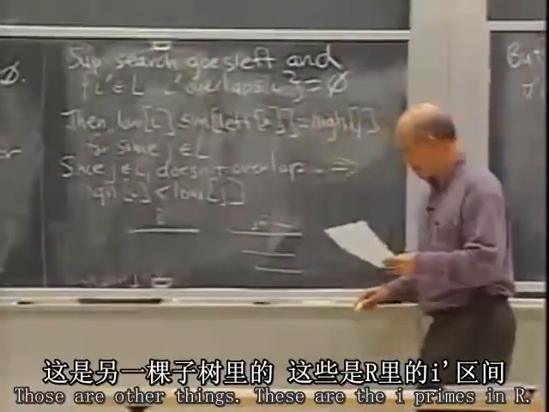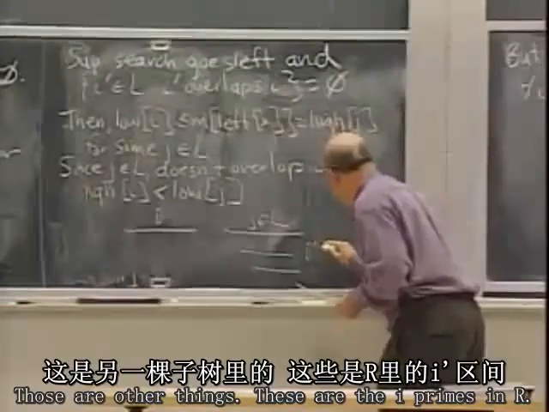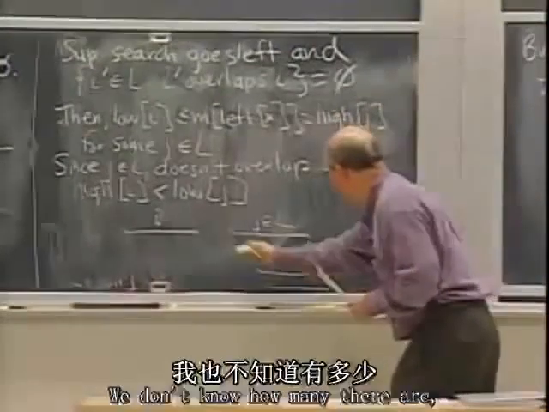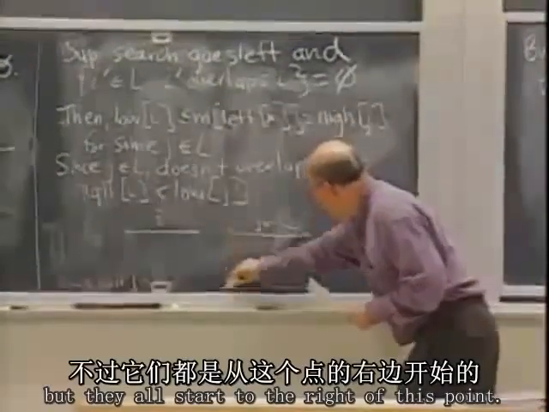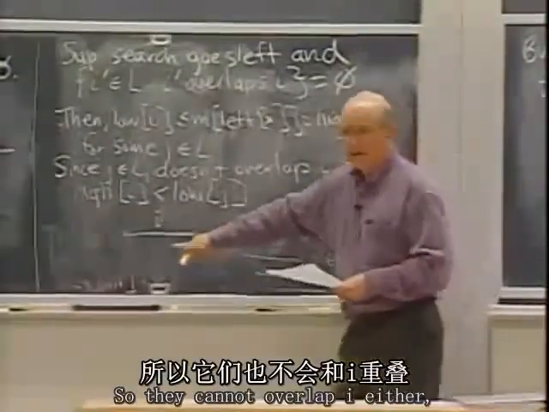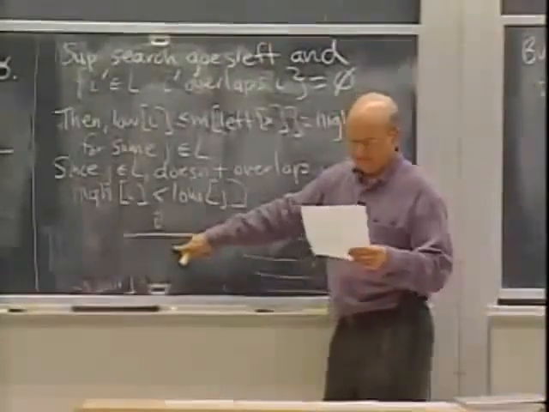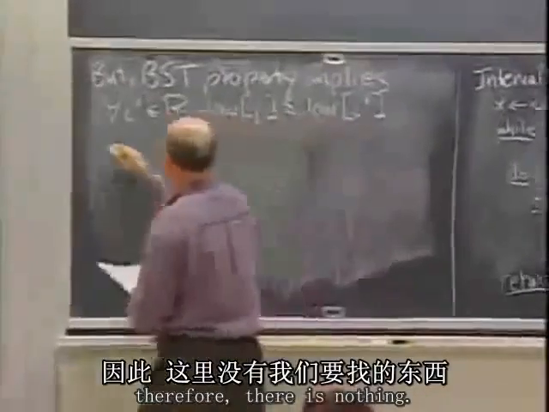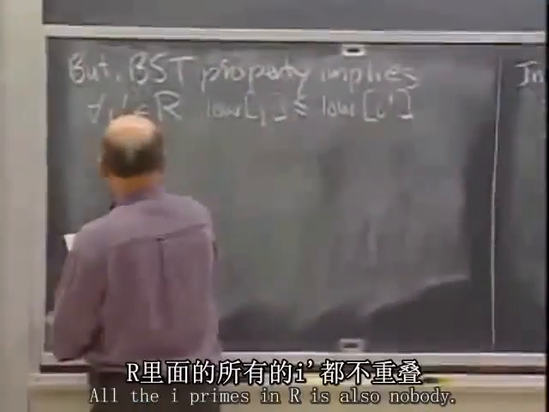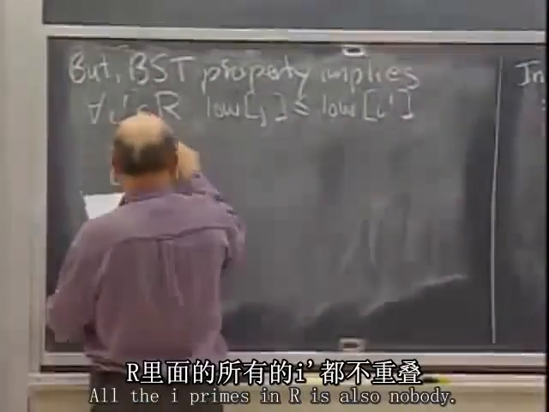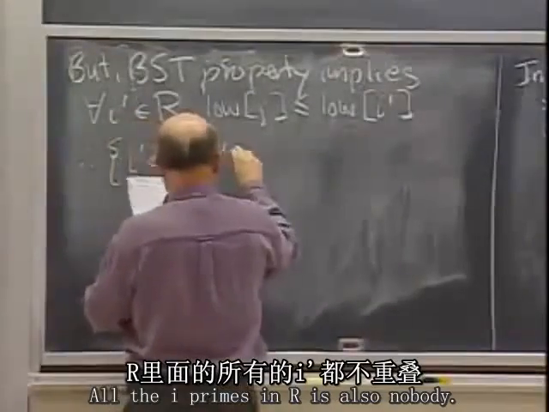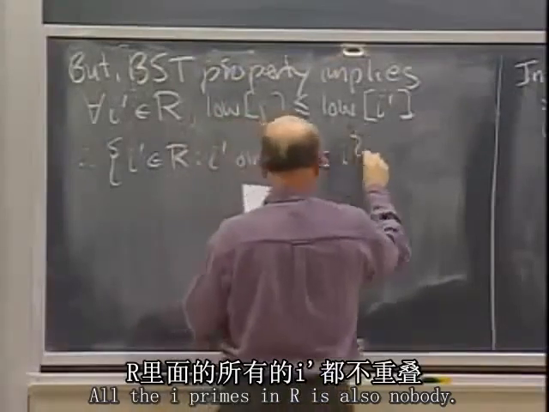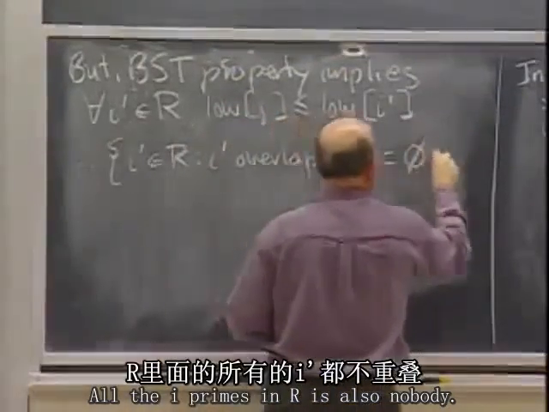Okay, those are other things. These are I primes in R. We don't know how many there are, but they all start to the right of this point. So they can't overlap I either. So therefore, all the I primes in R, that's also nobody.